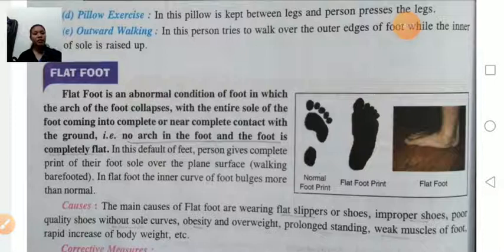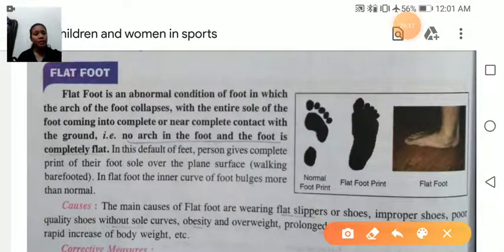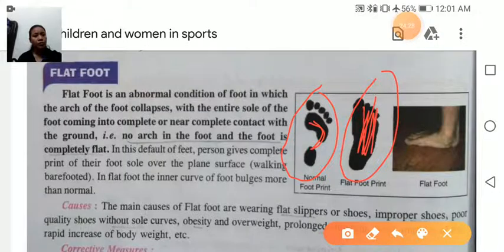That is, there is no arch in the foot, and the foot is completely flat. Look here, this is the normal foot, there is a gap, and in flat foot our foot completely touches the ground. Again, there is no gap. This is known as flat foot.